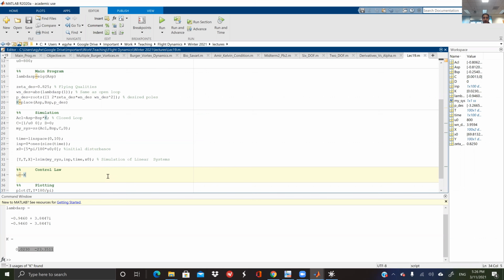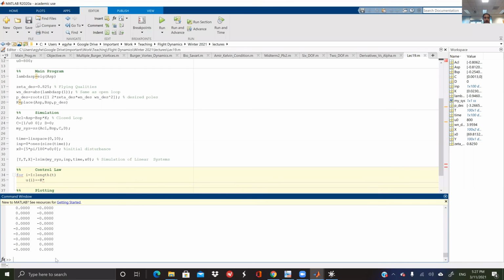So let's do a for loop, for i equals 1 to length of T. For each time, here is my input at this time. It's the entire K matrix times the x's at that time.